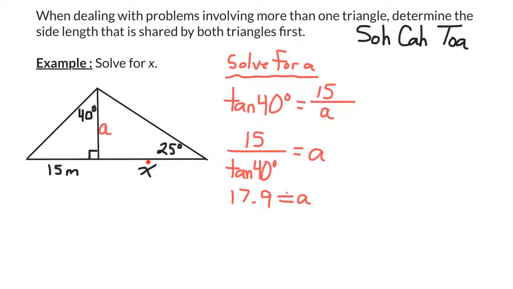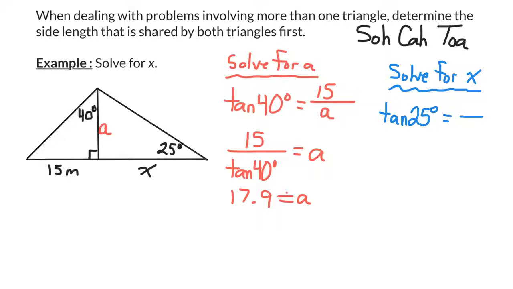So remember, opposite and adjacent, I'm still looking at the tangent. So when I solve for x, I'm going to use the tangent of 25 degrees, and it's equal to the opposite side, which in this case is A, over the adjacent side, which in this case is x.